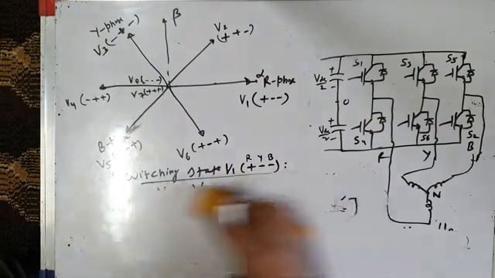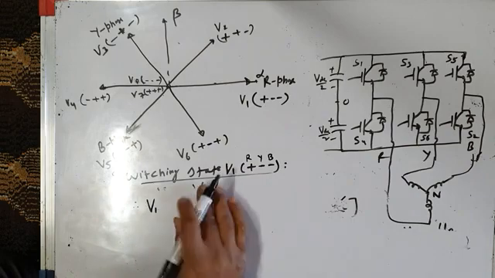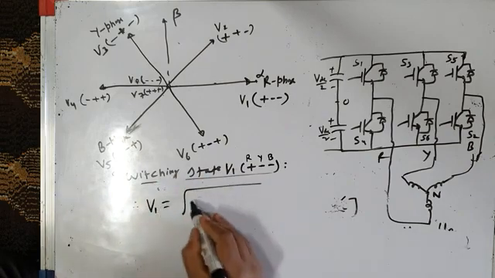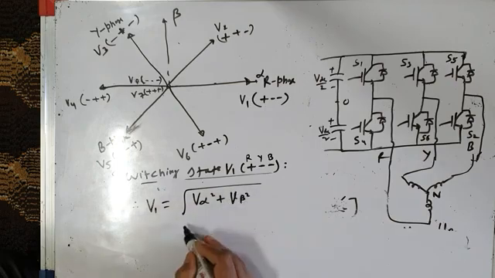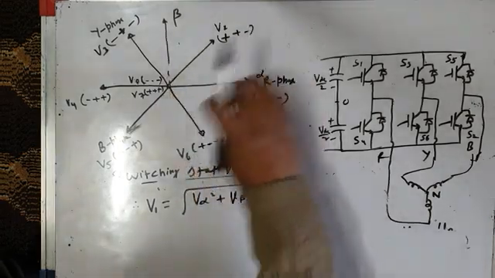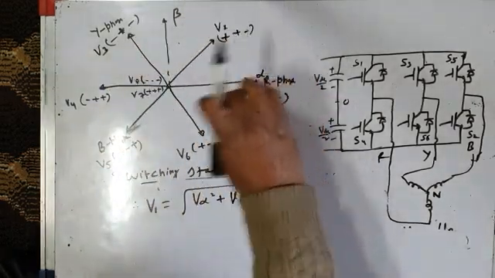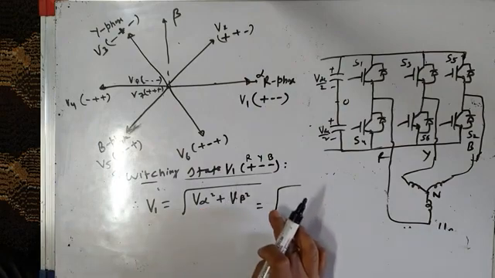So therefore what is the total voltage? Voltage vector V1 is equal to under root of V alpha square plus V beta square. Alpha component you know, beta component you know, so resultant voltage vector V1 will be equal to under root of V alpha square plus V beta square.